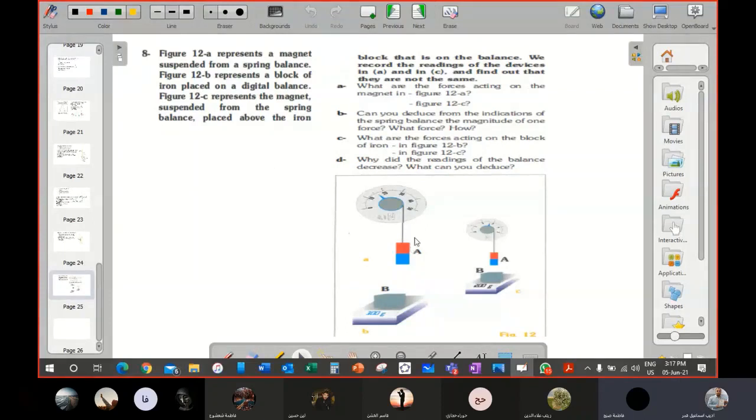Okay, in figure 12A, what are the forces acting on the magnet, Fatima? Weight of the... weight of what?